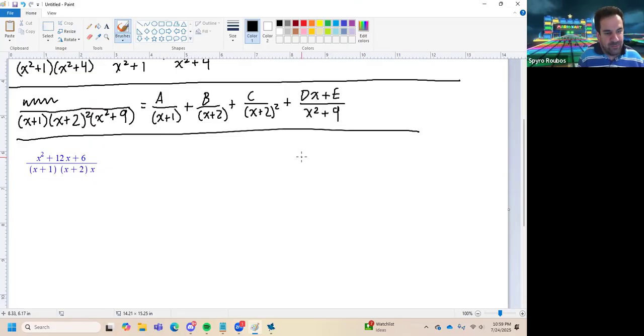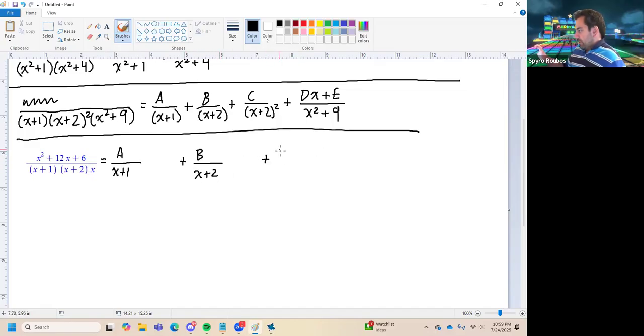So the top looks like it might factor. Even if it did, I don't really care. We don't need to factor the top. It's the bottom I want factored completely. So we're going to end up having this just a simple piece. I do want to make a little room. We'll see why in a moment.